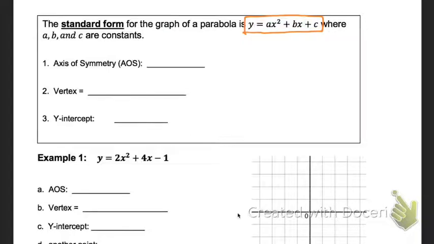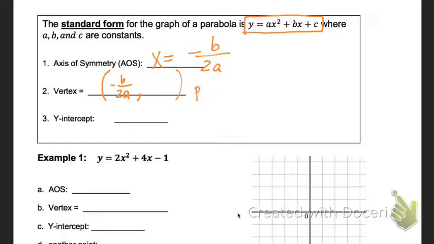And the axis of symmetry is x equals negative b over 2a. Does that look familiar? My vertex is just the ordered pair, negative b over 2a, and then whatever your y value is when you plug that in.